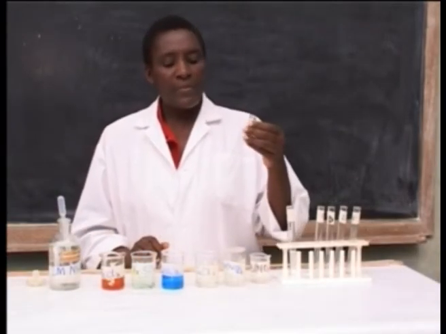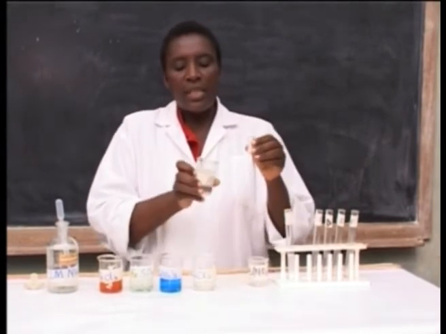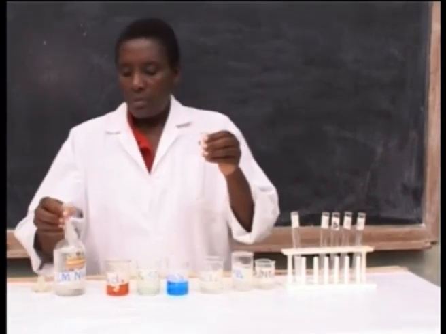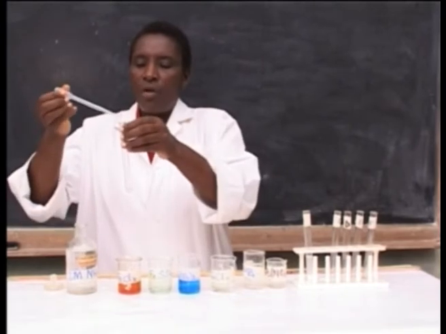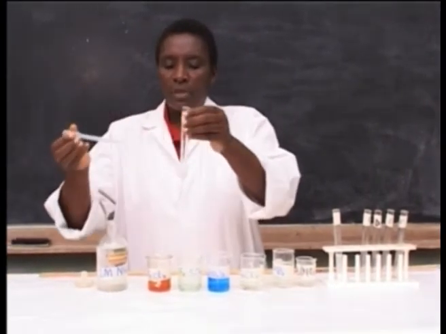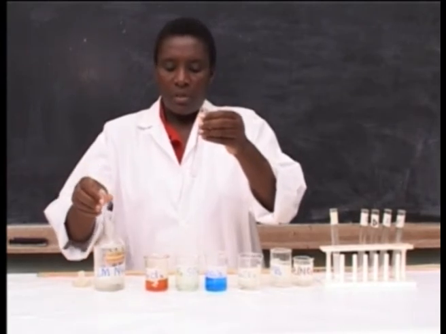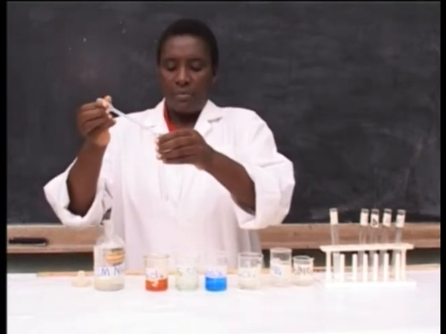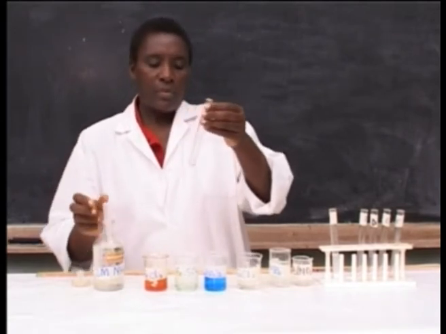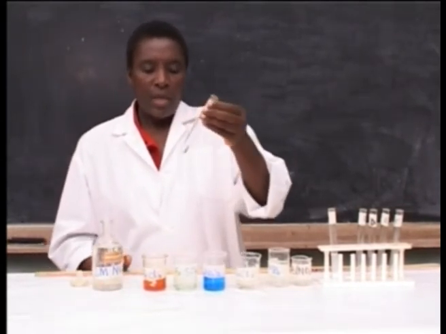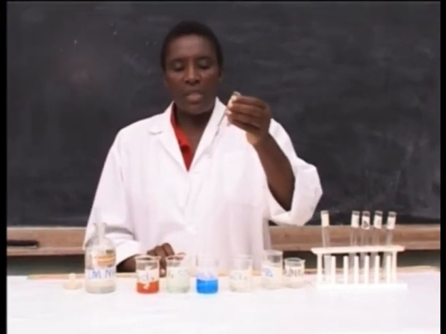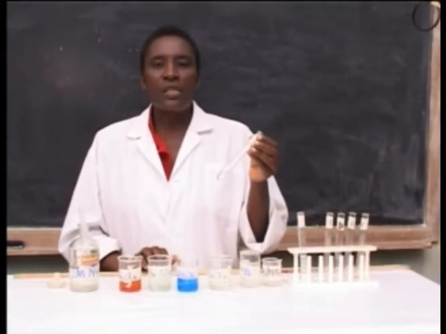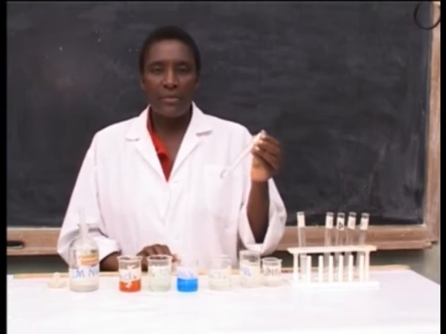Take test tube B, put zinc nitrate solution, add few drops of ammonium hydroxide, then in excess of ammonium hydroxide the zinc nitrate solution is soluble in ammonium hydroxide solution.